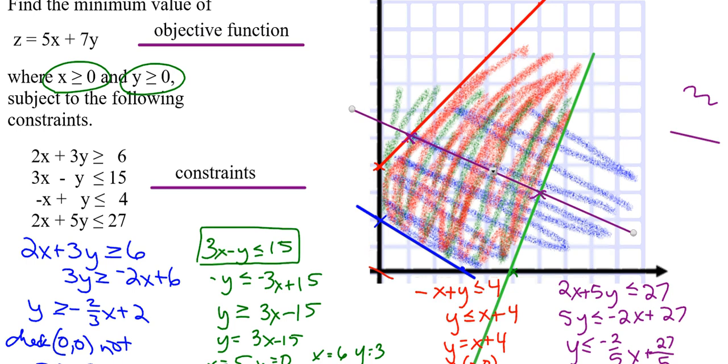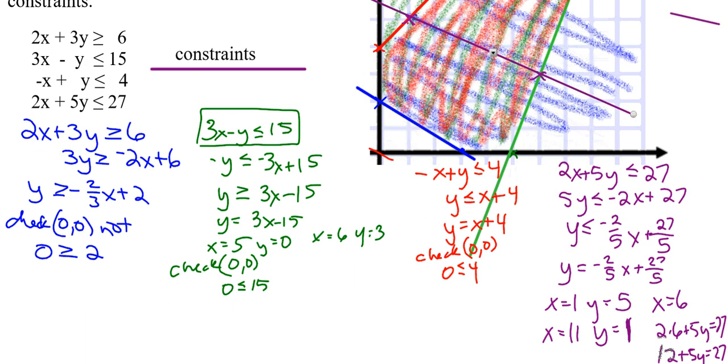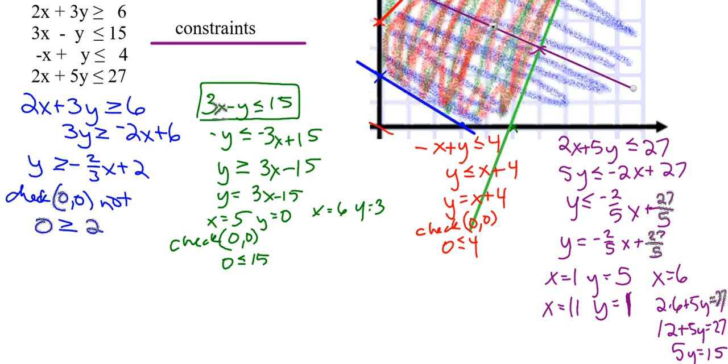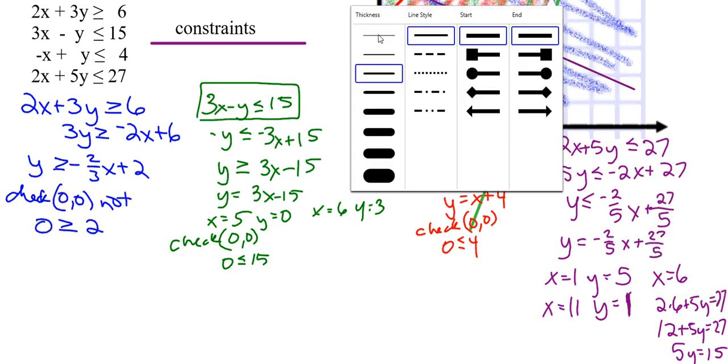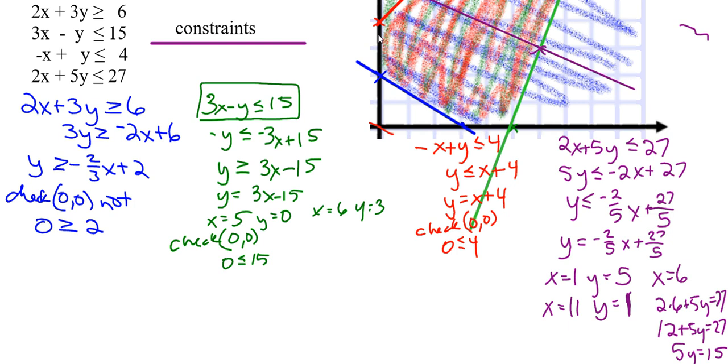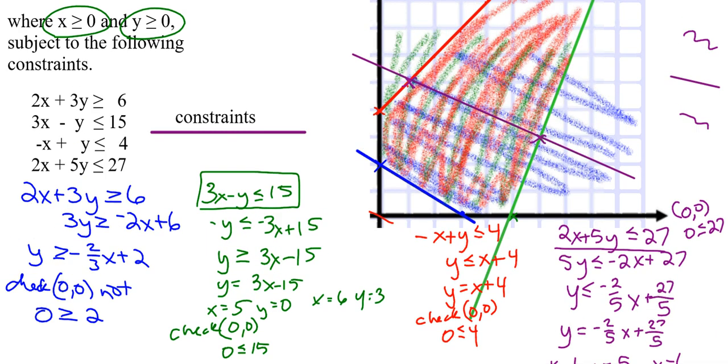And then I'm going to try a test value. I can try my 0, 0 again. When I check 0, 0 in here, I get 0 is less than or equal to 27. And 0 is less than 27, so I'm going to go below this boundary.